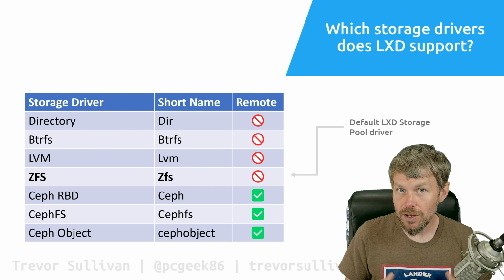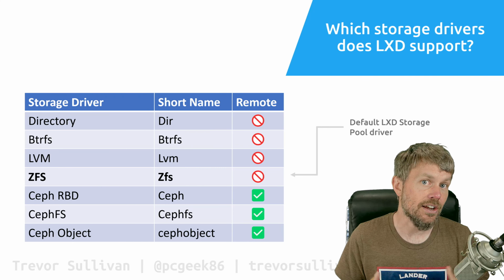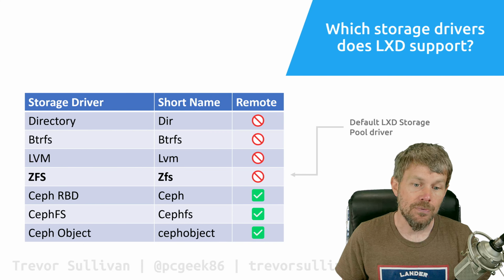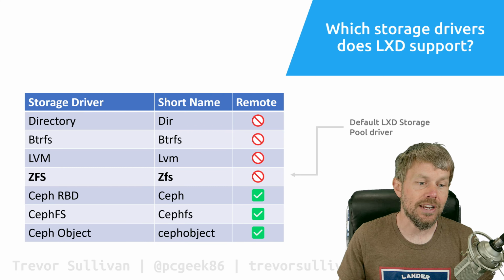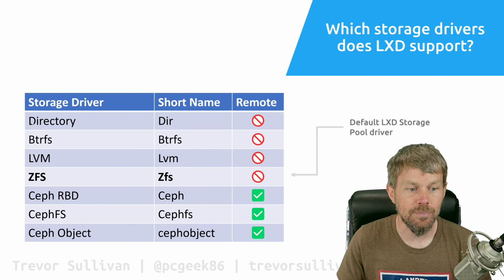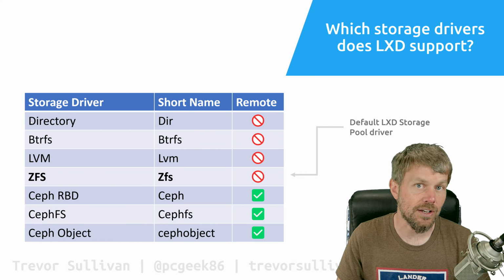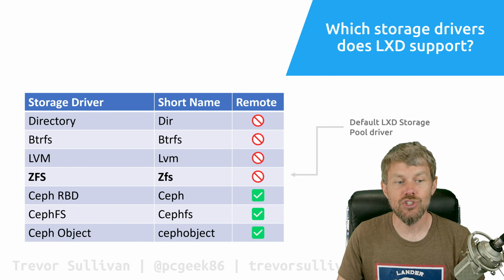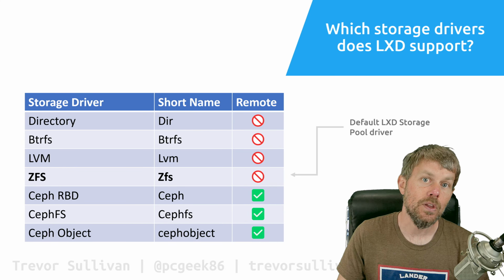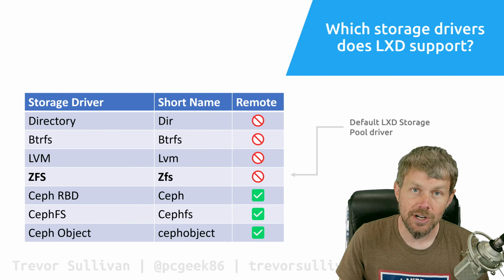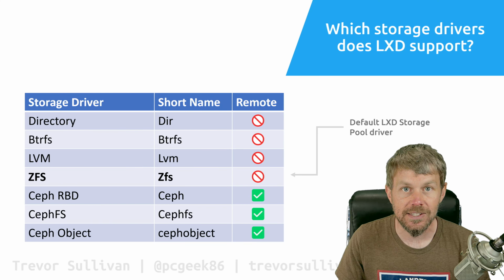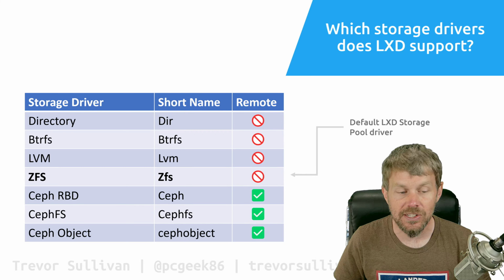However, there's also other storage drivers available depending on what kind of storage you prefer. For something that's really simple, you can just use an empty directory. So you can create a directory on some disk somewhere, and you can just point LXD over to that alternative directory to create your virtual machine disks on that separate physical disk.